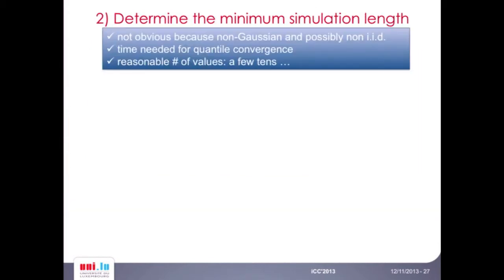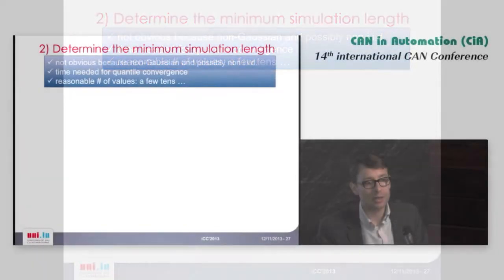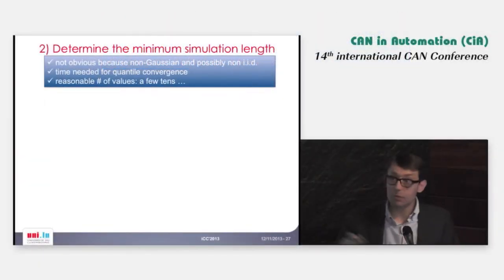Once you have determined the good quantile for your application, then you need to know how long you need to simulate. It's not an obvious question, because you could use confidence intervals, but we don't have a theory for that because we are in cases not covered by the theory.